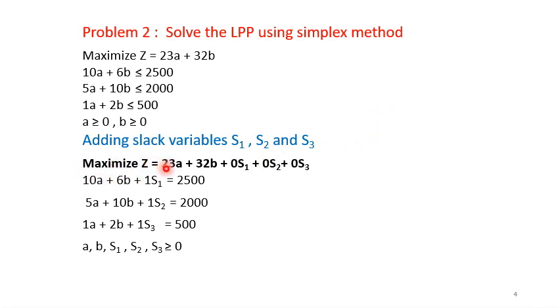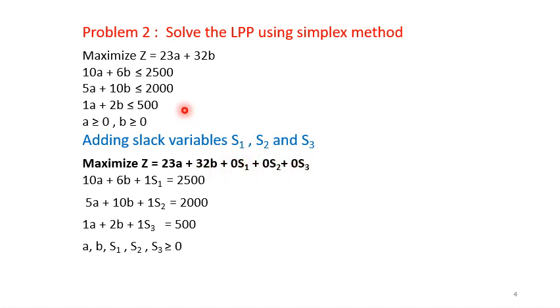A and B are the decision variables. S1, S2, S3 are the slack variables, which will have a coefficient of 0 in the objective function.